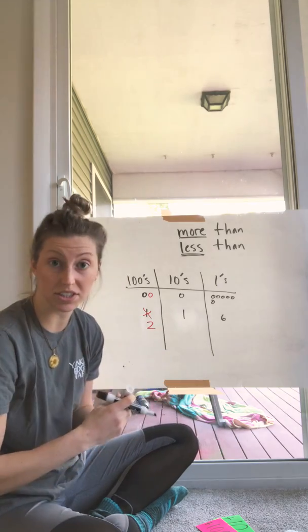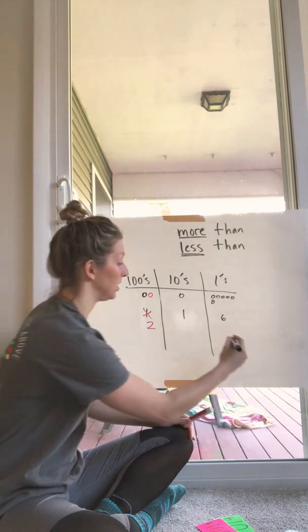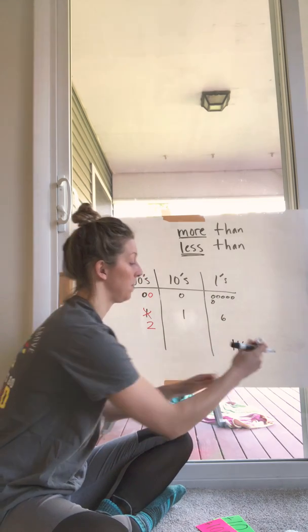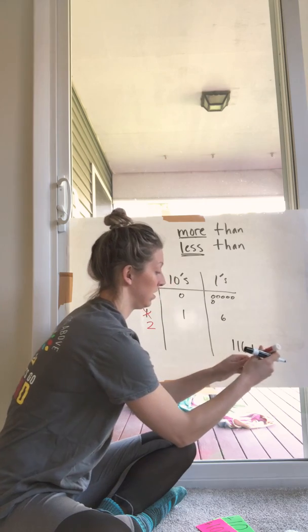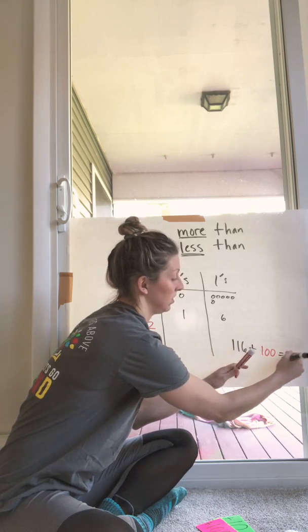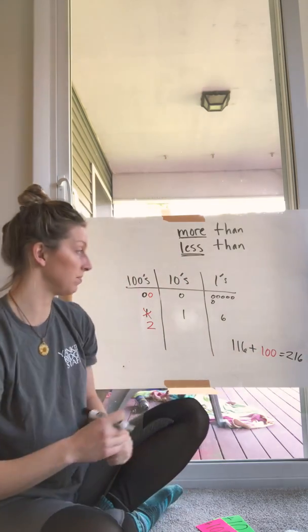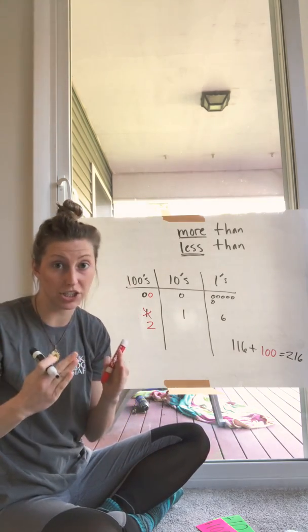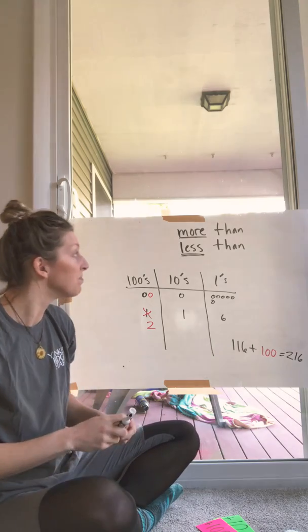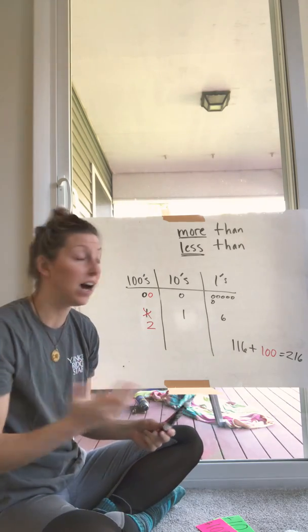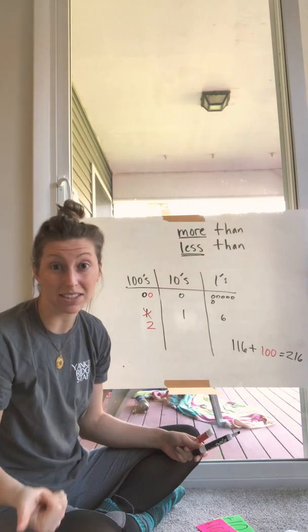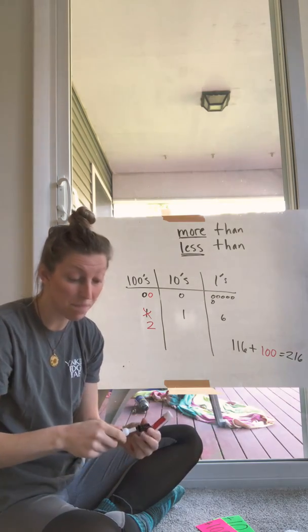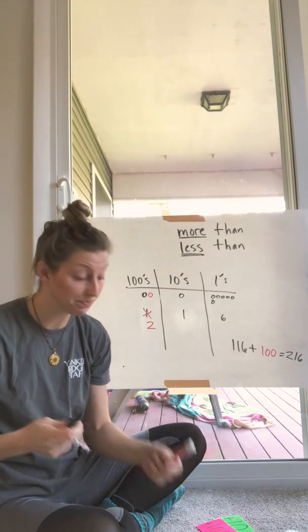So instead of 116, it's going to be 216. So 116 plus 100 is 216. We want to start getting really quick in our brains at figuring out which place value is changing, because that'll help us when we take this into adding and subtracting higher numbers. That'll help us add and subtract mentally a lot faster.